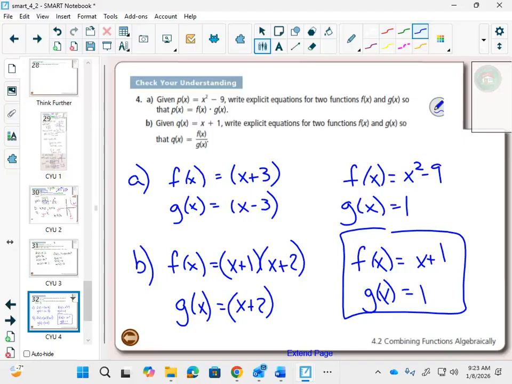And give me x plus 1. This is not quite right. Because if I had x plus 1, x plus 2, and had an x plus 2, what happens when I cancel the x plus 2?